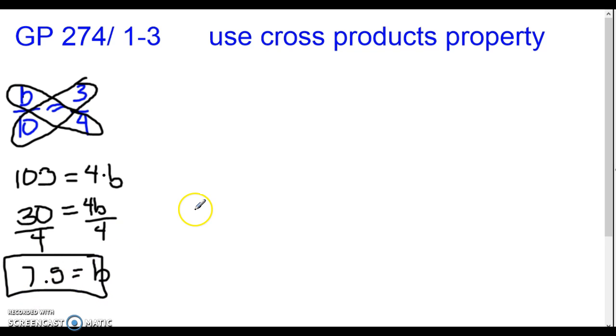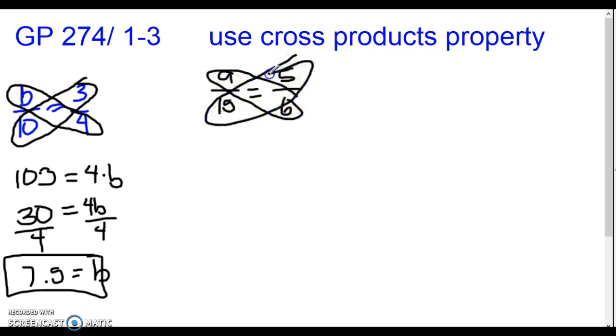Let's go and look at the next one. The next one says a over 15 equals 5 over 6. So we're going to cross multiply. So 15 times 5 equals 6 times a.